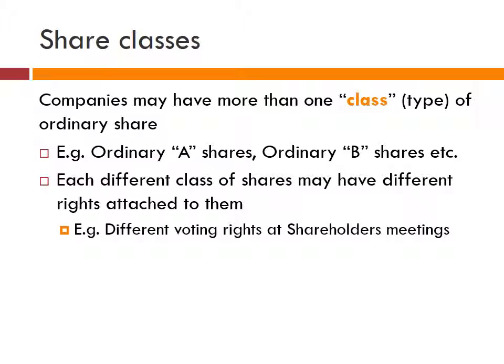Many businesses, for instance, have their normal ordinary shares and might have a separate class of ordinary shares that are non-voting, so somebody owning those shares would not be allowed to vote on any resolutions at a general meeting of the company.